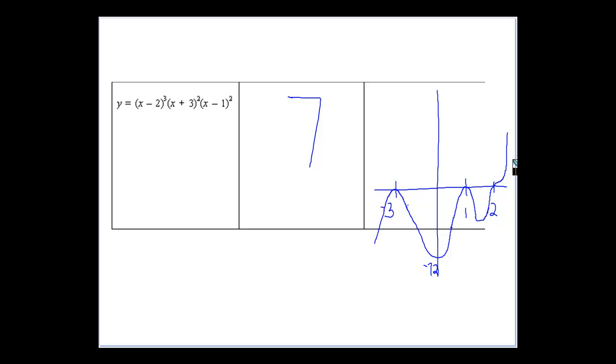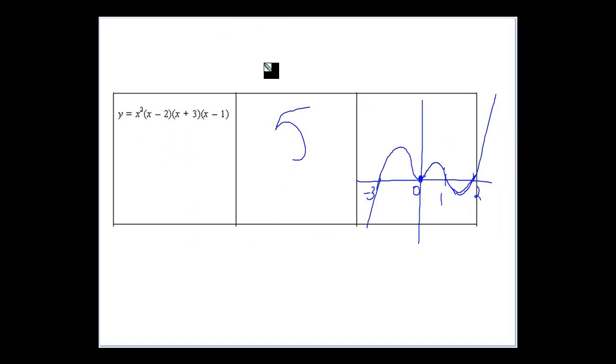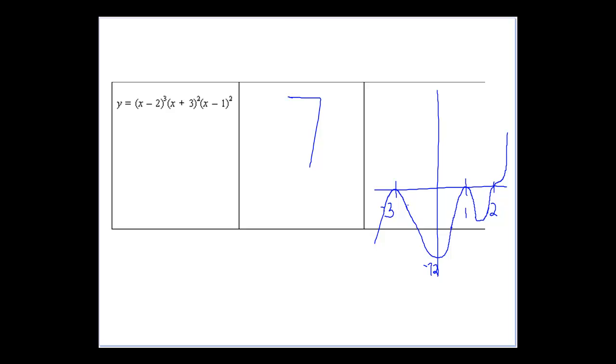But have a look at the ends of functions with odd powers, and hopefully we get the idea that they will approach opposite directions. You can see there, doesn't matter which way they go, they will always go in the opposite direction. So that's what we're looking at when the degree of the leading term has an odd power.